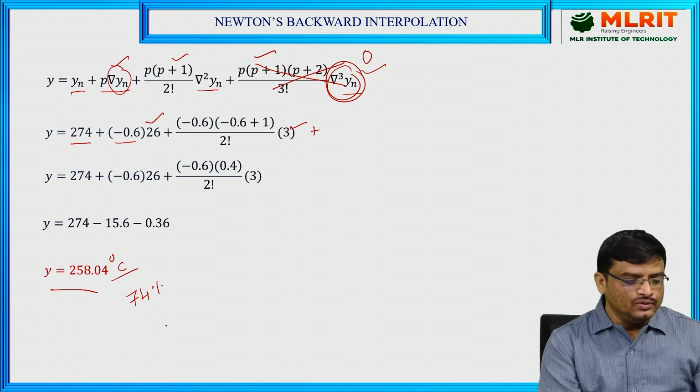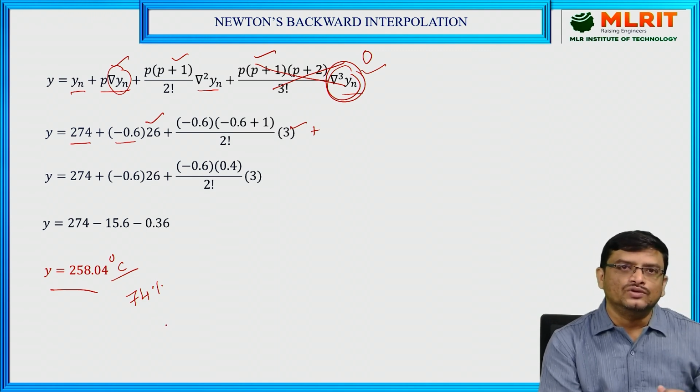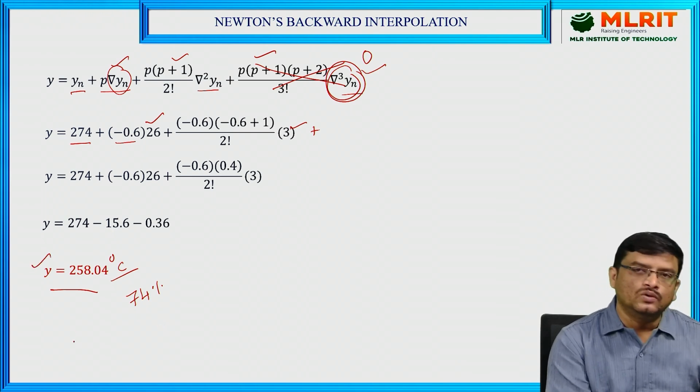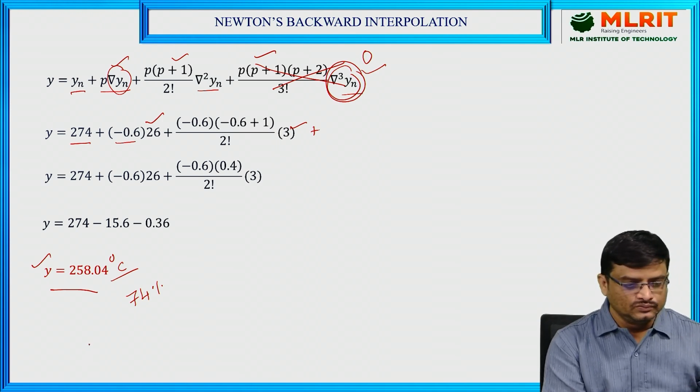Use the Newton's backward interpolation formula and substitute the values we got in the backward difference table and the p value in that formula, then we can get our required y value.